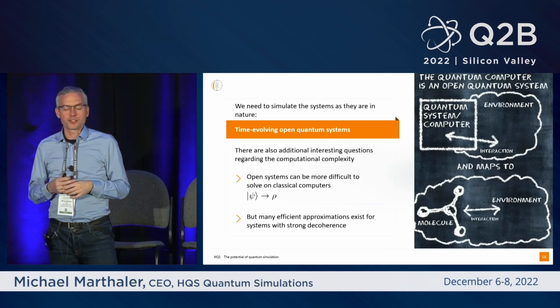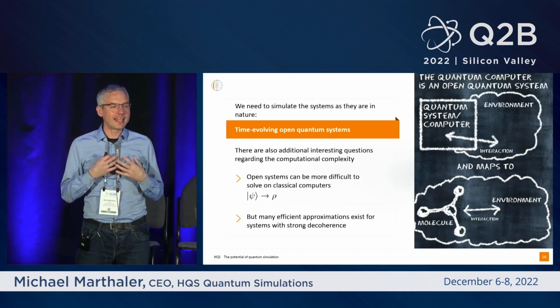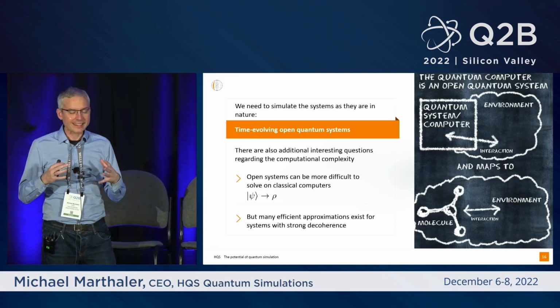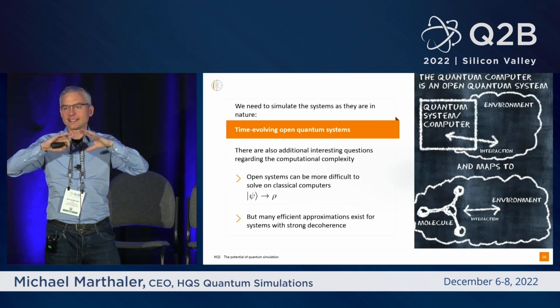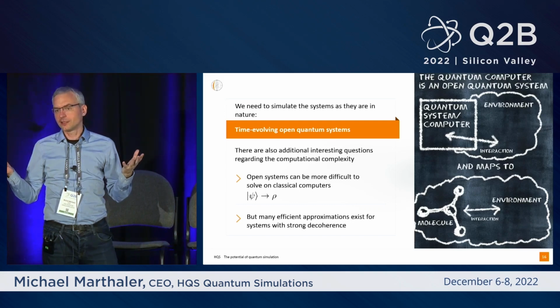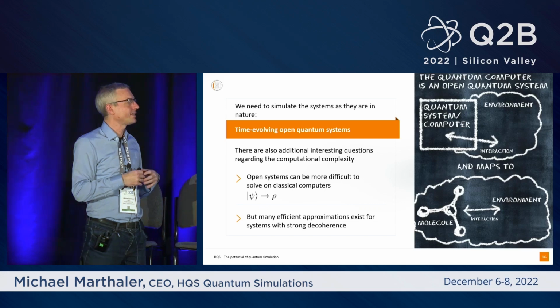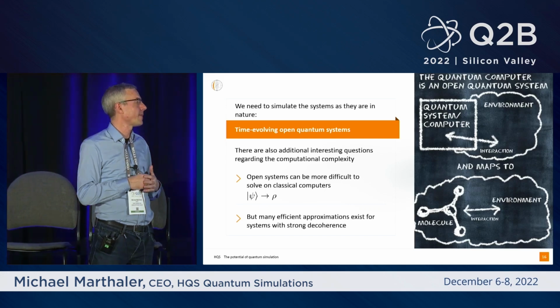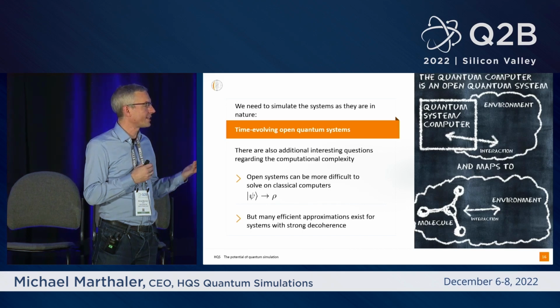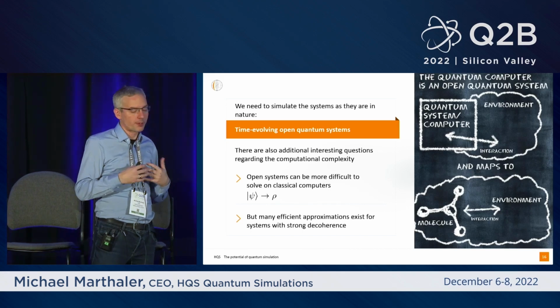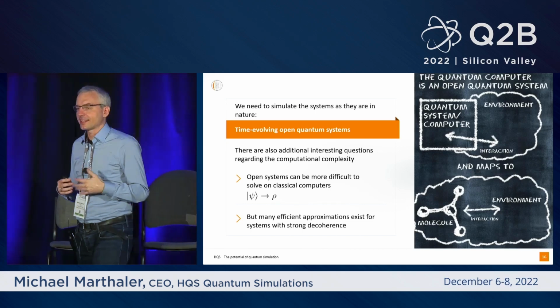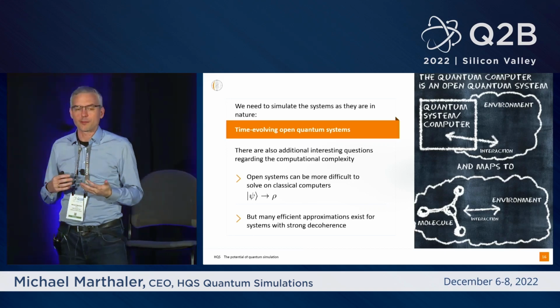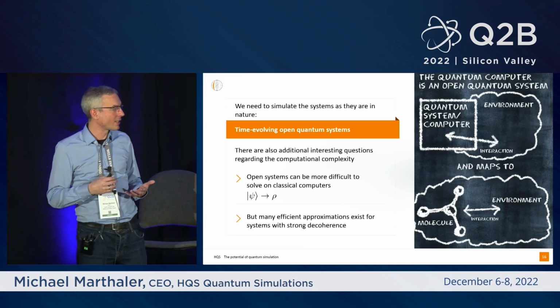For an open quantum system, you have to look at the time evolving density matrix. That means the problem complexity has been squared. This is one way to look at it. The other: at the same time, once you look at open quantum systems, additional approximations become available that can solve this problem also on classical computers.